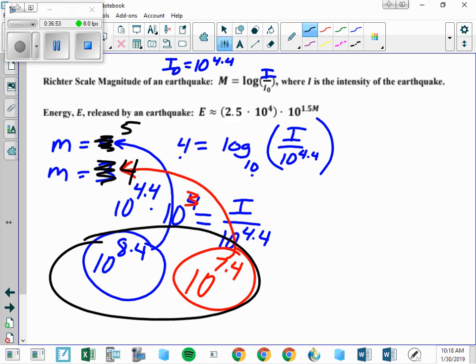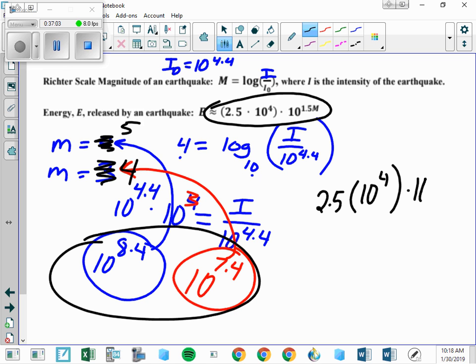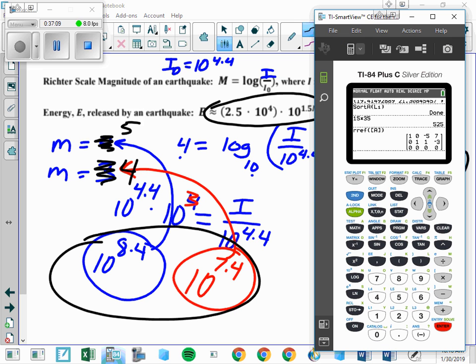Well, energy is simply this. So energy is 2.5 times 10 to the 4th times 10 to the 1.5 times 4.